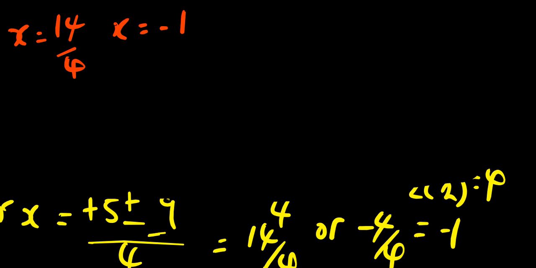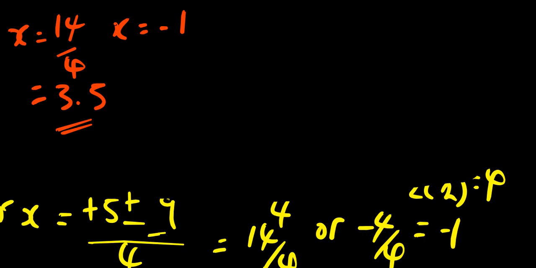We can also reduce this one. 14 over 4 gives us 3.5. At least 3.5 is easier to plot.